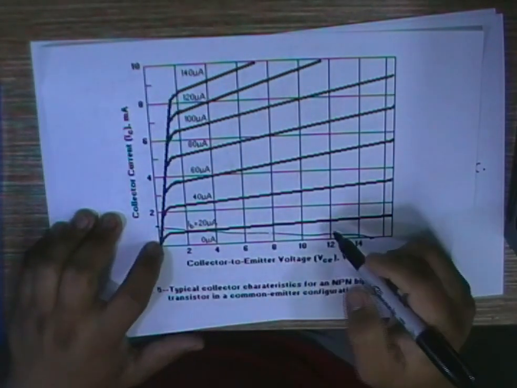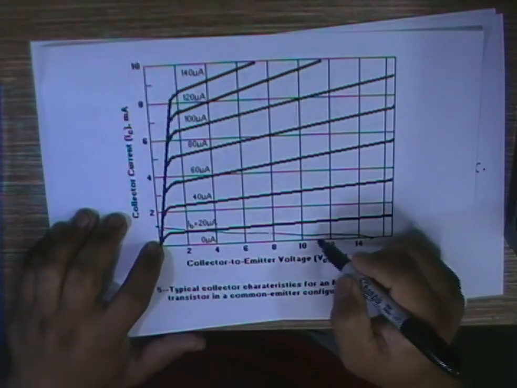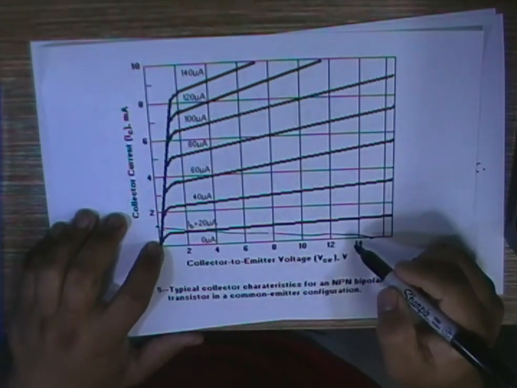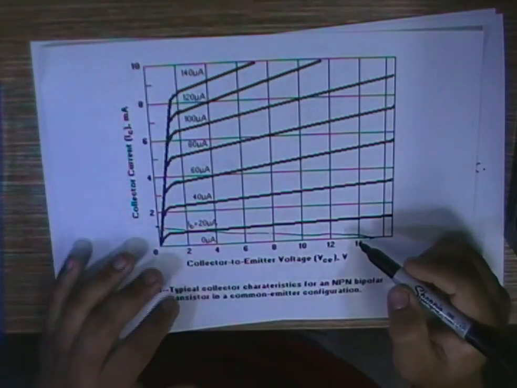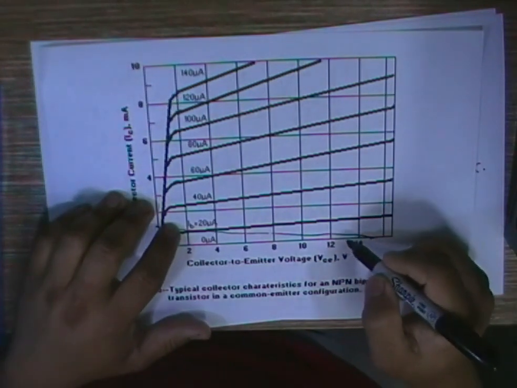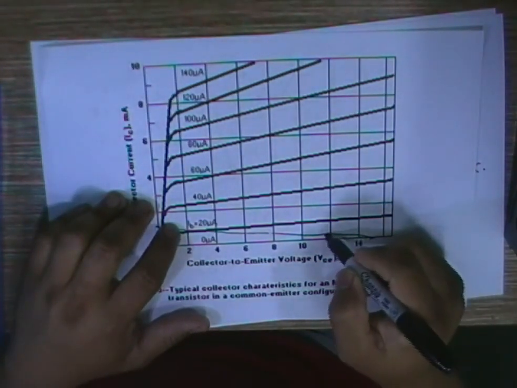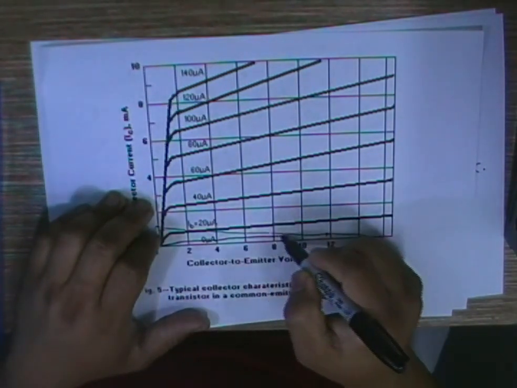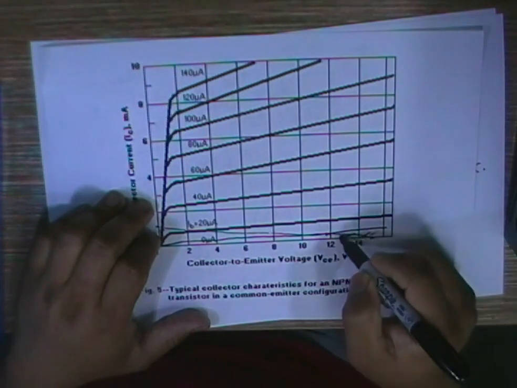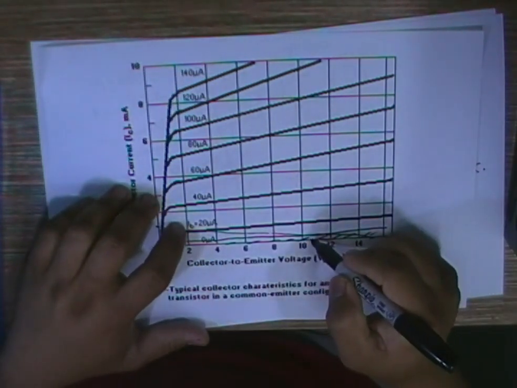The problem is that it's very difficult for me to set the amplifier above the saturation region. So I have to push my VCE to the left as possible so that I can get a good swing, because this is around my saturation region already. So this will set as my saturation region.